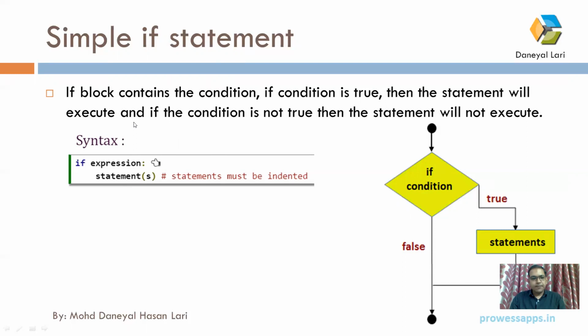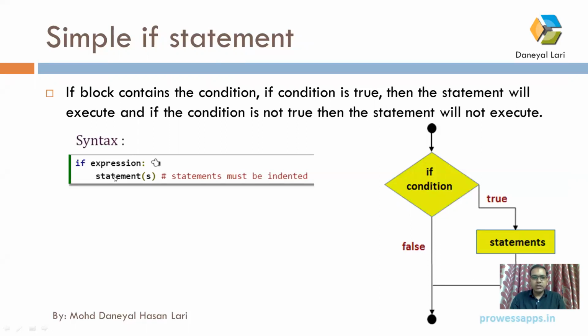The syntax: we write the expression here, and that expression will be a Boolean expression, meaning the result must be true or false. After that, we put the colon. Don't forget to put the colon. Why? I'll discuss it. After that, we write the statements.